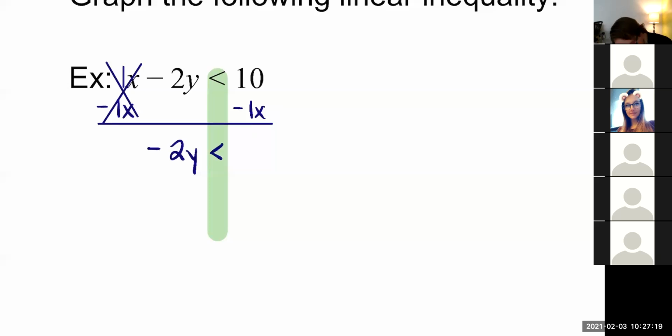Nope. They are not, so just bring them both down. Negative 1x, positive 10. Then what would you move? You would divide by -2. From everything? Yeah. So everything is going to get divided by a -2.